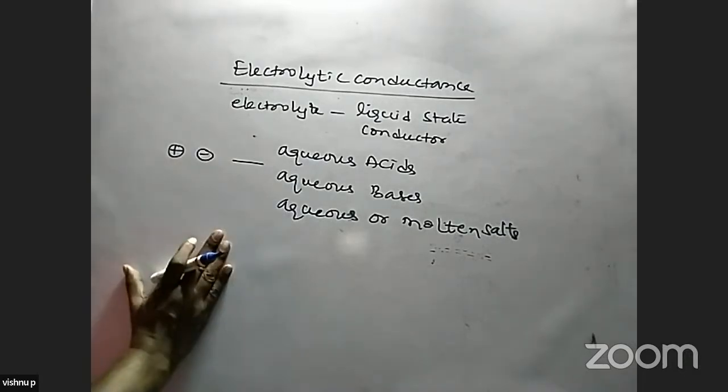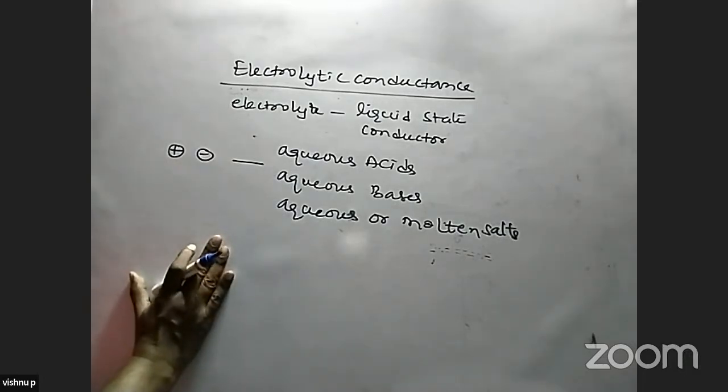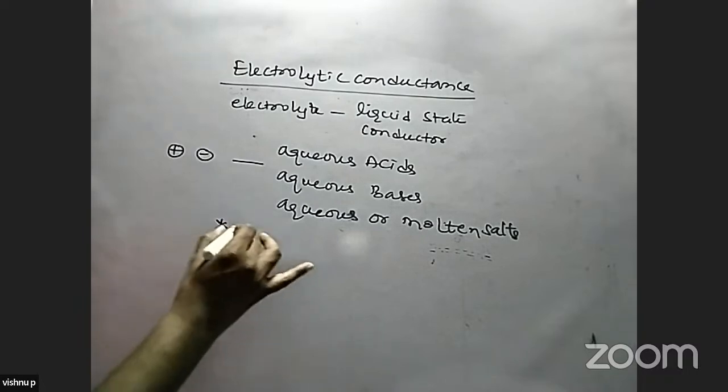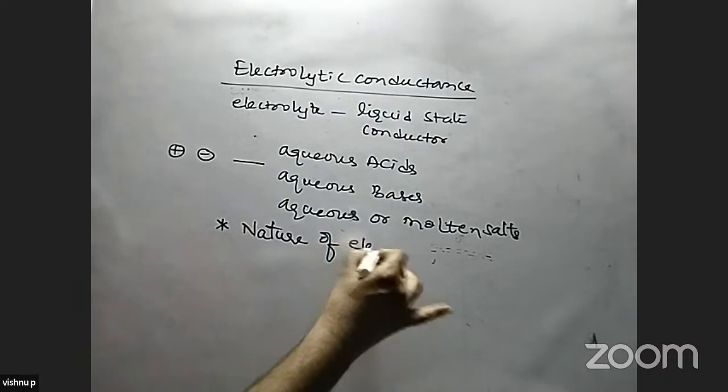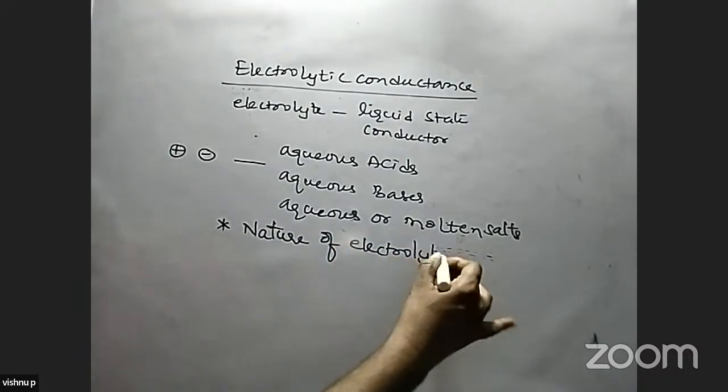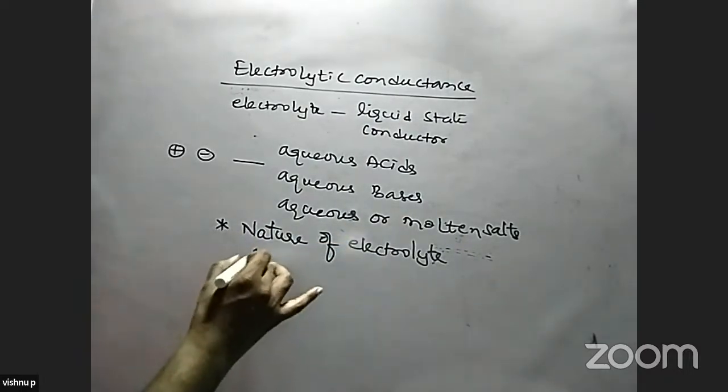So, what are the factors affecting electrolytic conductance? First is the nature of electrolyte. What is the meaning of nature of electrolyte?